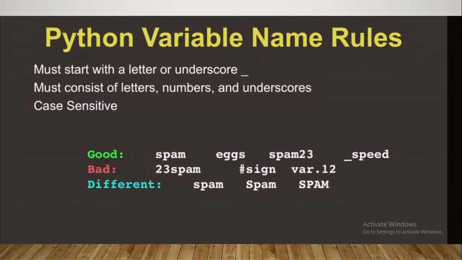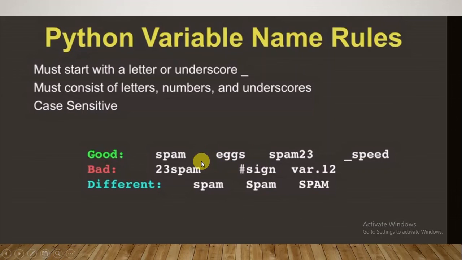You can see over here what is a good variable name and what is a bad variable name, and which ones are different from these two. A good variable name starts with a letter, and after the letter you can go with numbers, which is quite okay. You can also start with an underscore and go with letters, which is also okay. And x is also a good example.